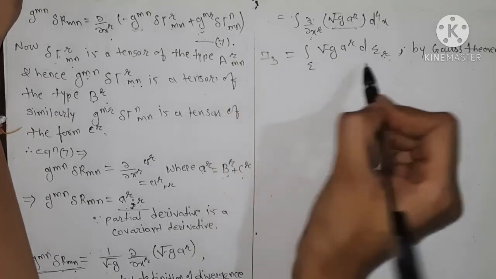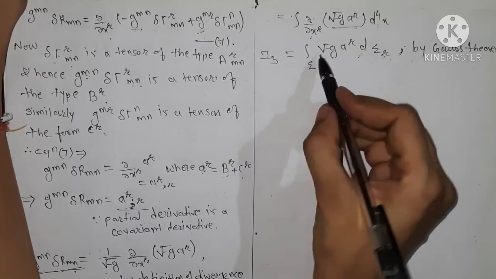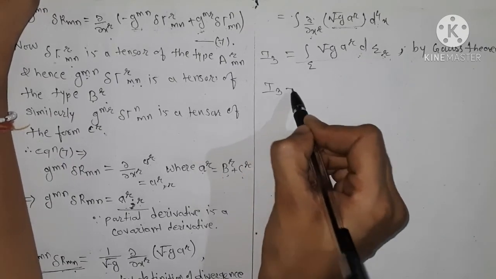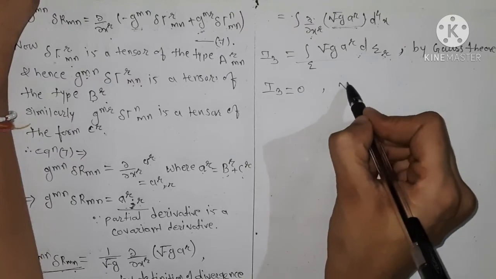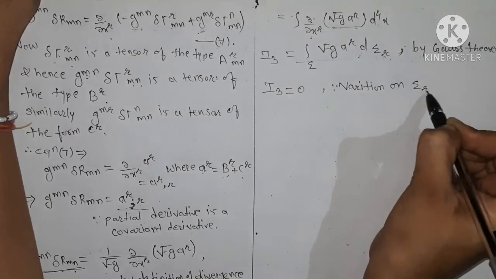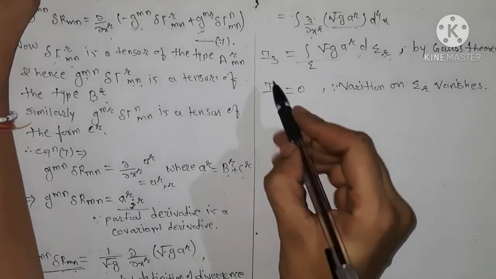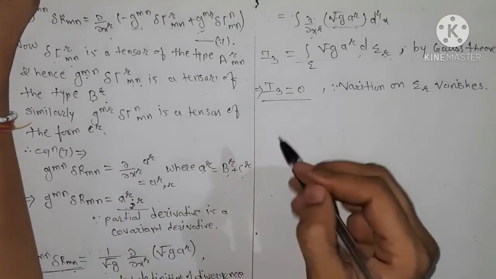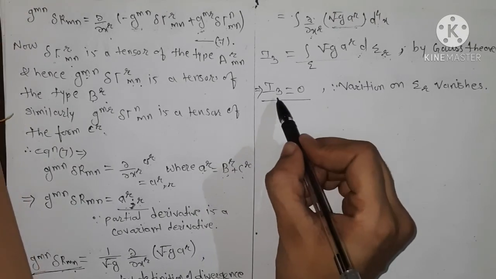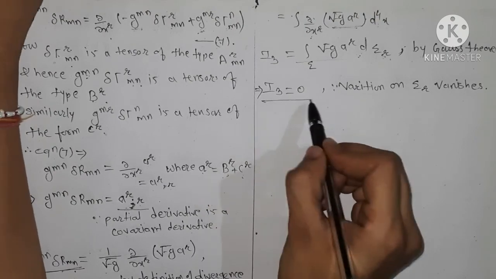So I3 is equal to this, and we know that if we take the variation of this, then the variation should be 0. Therefore I3 is equal to 0, since the variation on the hypersurface Σ vanishes. So our δS_g is equal to I1 plus I2, because we have δS_g equal to I1 plus I2 plus I3, and I3 is equal to 0.